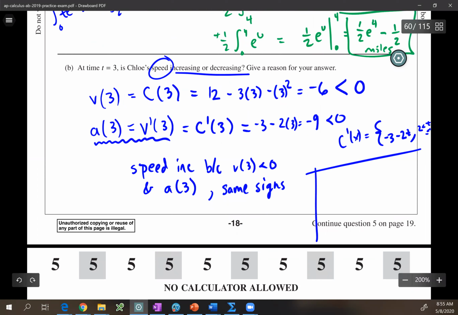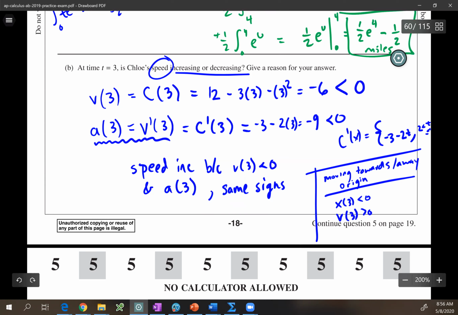Alternatively, just in case, if they asked moving towards the origin or away from the origin, it's the exact same question, except instead of V of 3 and A of 3, we would use X of 3 and V of 3. But otherwise, it's the same setup. We check less than 0 or we check greater than 0.